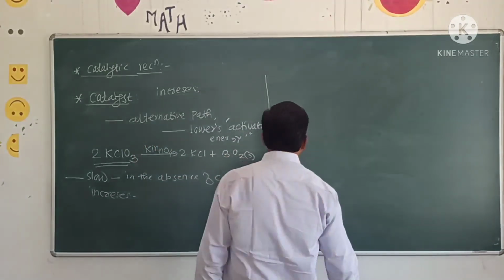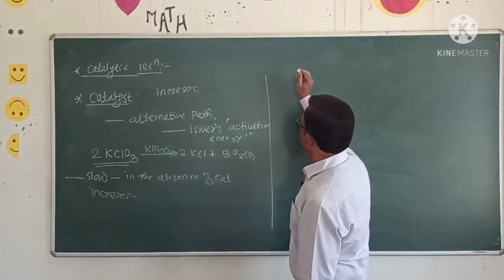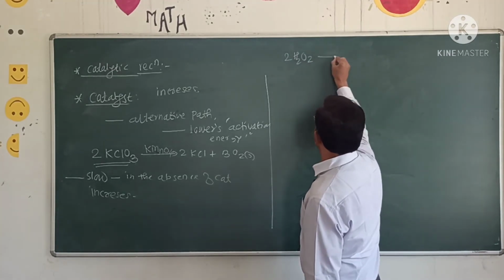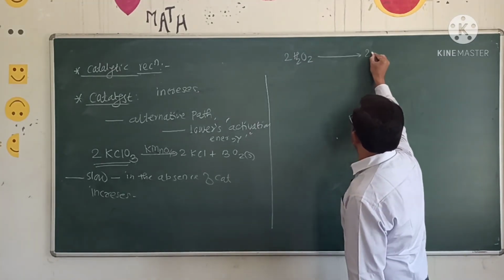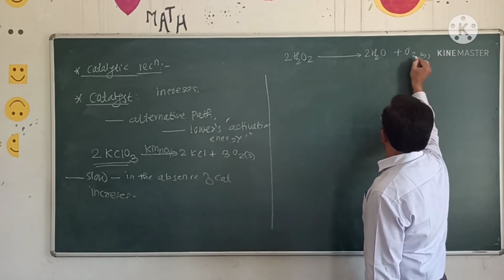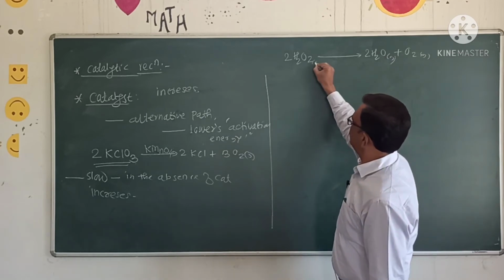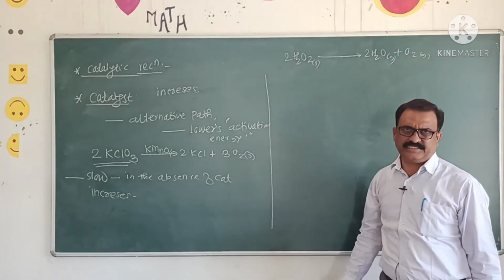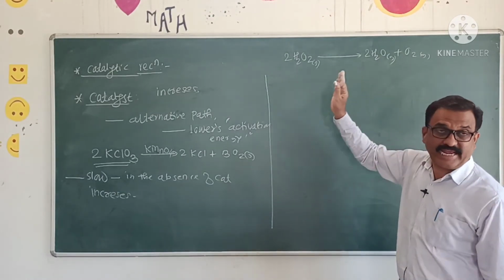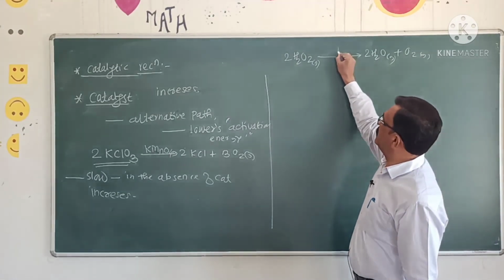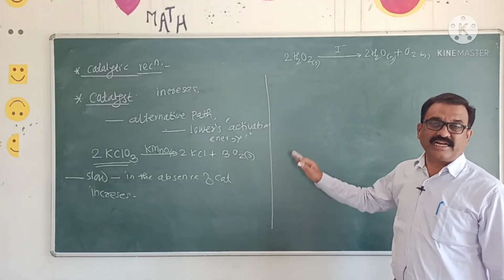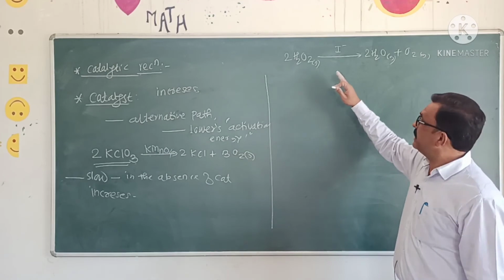Okay, now we will consider a second example. 2H2O2 gives 2H2O plus O2, if all reactants and products are present in the gas state. Such conversion is very slow in the absence of a catalyst. When we use the iodide ion as a catalyst, the rate of reaction increases.